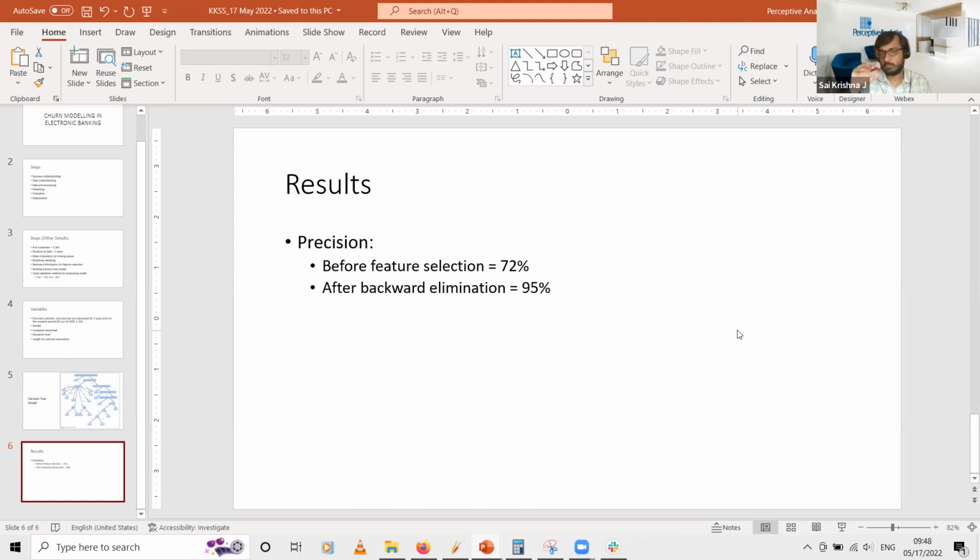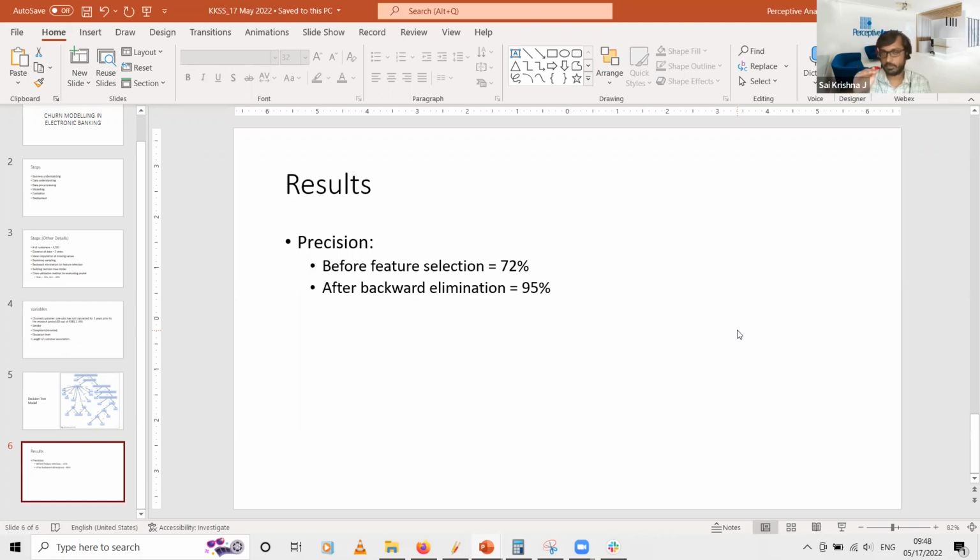If your model has high precision, so out of the 50 customers who actually churned, if your model is able to predict around, let's say, 40 to 45 of them, then you can say that the model has learned well from the patterns, and you can confidently apply the model to a future incoming customer to predict whether or not that customer is going to churn.